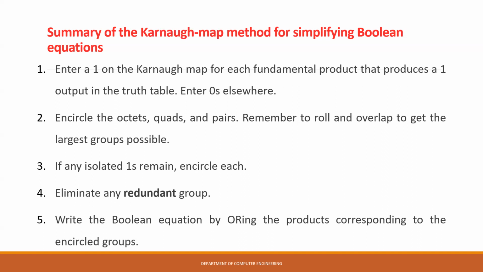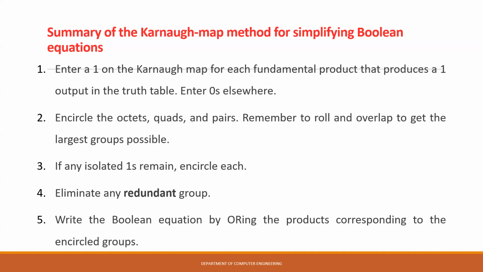Means maximum grouping or groups are possible for 4 variable K map, but keep in mind groups should be in row or in column. Diagonal grouping is not possible. Okay. Then third one, if any isolated ones remain, we have to encircle this single one, that is by making the group of single one.